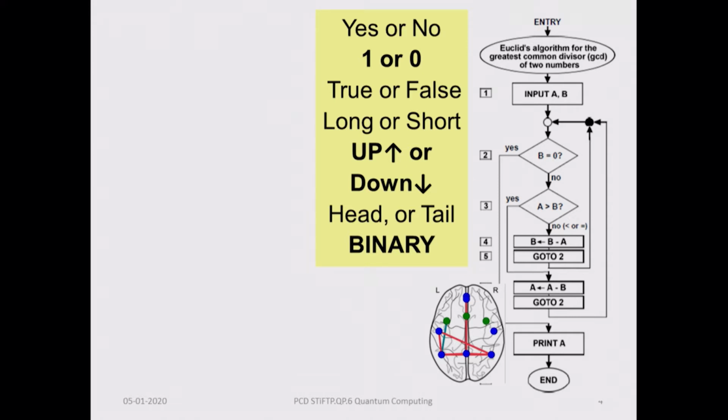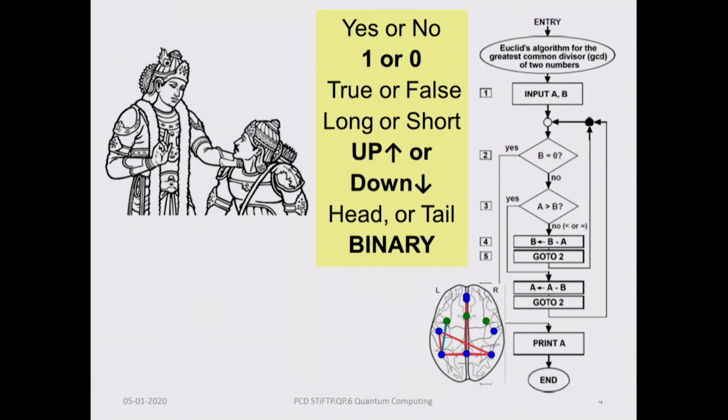All you have to do is to analyze it in terms of yes or no, 1 or 0. It can be a very perplexing conundrum like Arjun had. May I fight the war or should I not fight the war? Whatever. Okay?